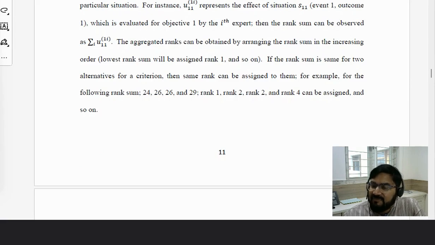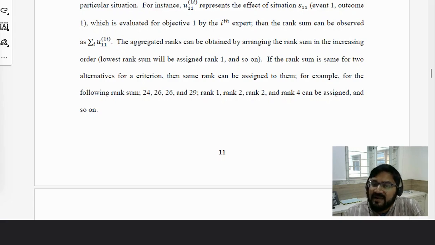So which one will be ranked 1 here? When you have more evaluators, the lowest sum will be ranked 1. Why? Because rank 1 is always better than rank 2. So the lowest sum rank will be given rank 1, then rank 2 and rank 3, like that.